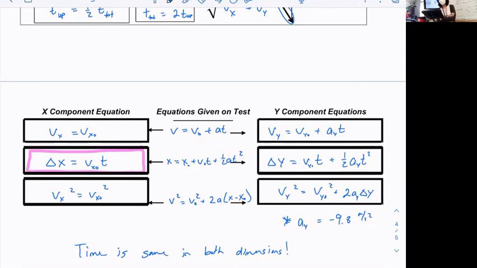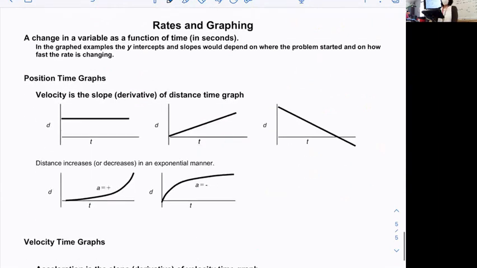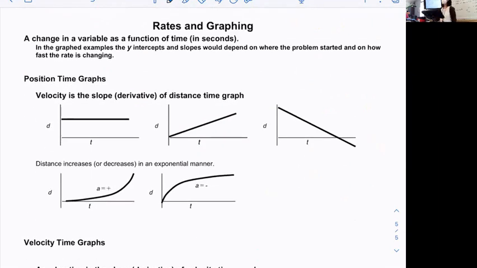And then the last thing I wanted to review was graphing, position time graphs and velocity time graphs for constant acceleration movement. Remember that whenever you're given a graph, the two things you can get information from are either the slope or the area under the curve. The key thing is that velocity is the slope of a position time graph.